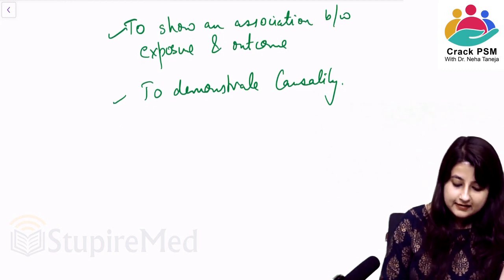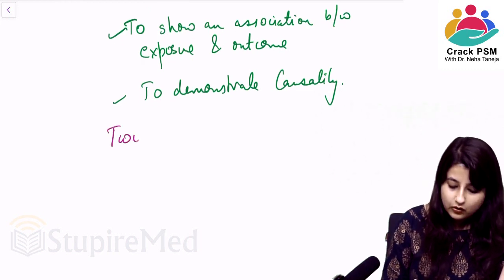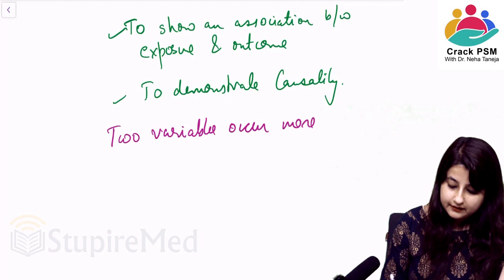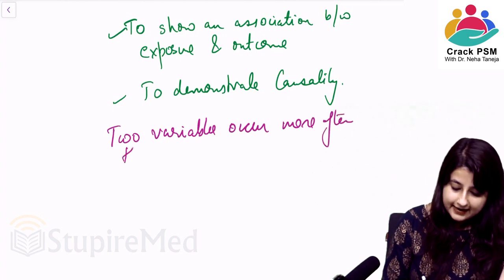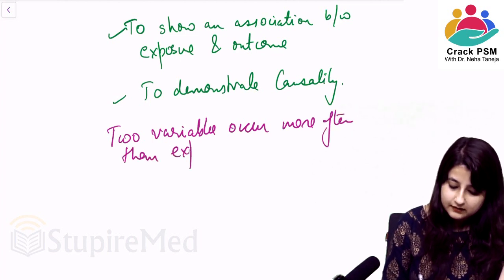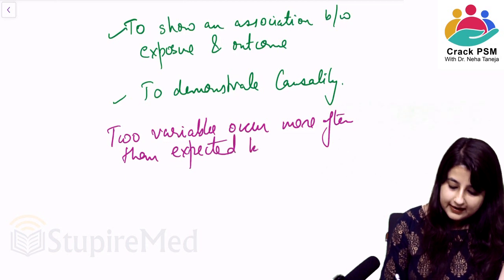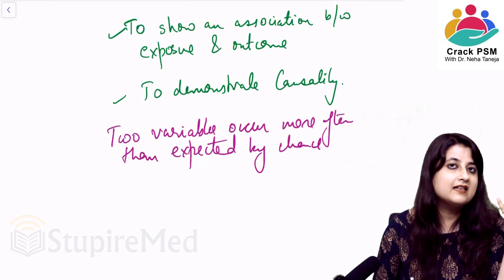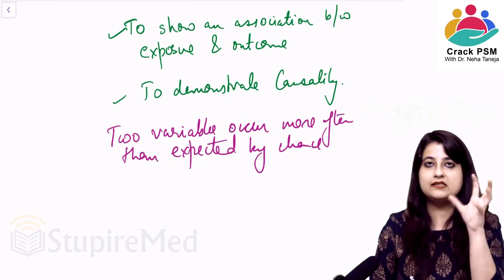Association means that two variables occur more often than expected by chance. It means that whenever somebody is doing a study on lung cancer, say among girls, smoking is there.